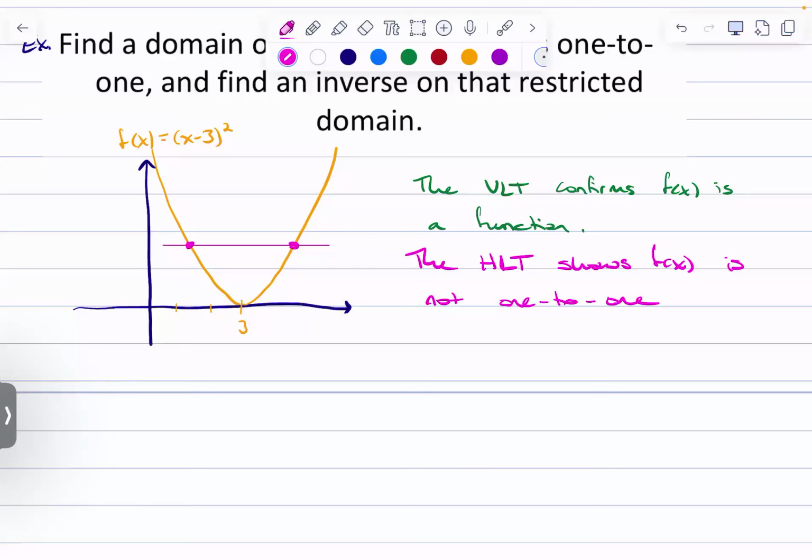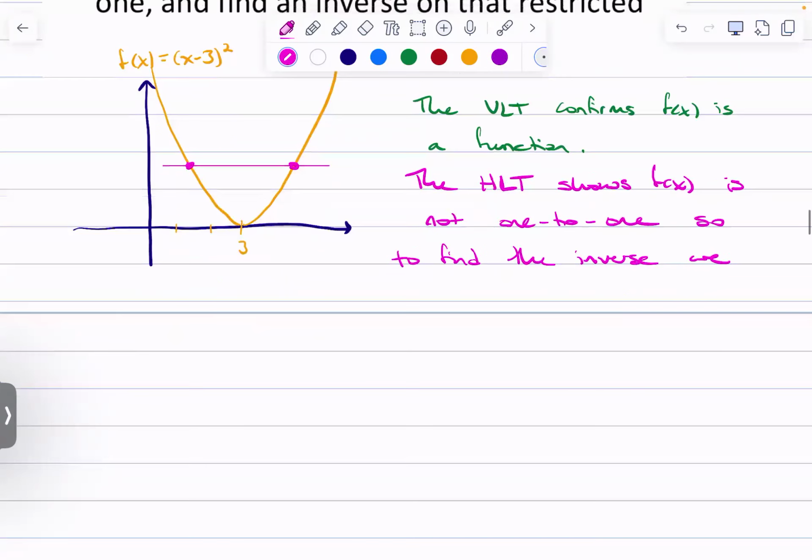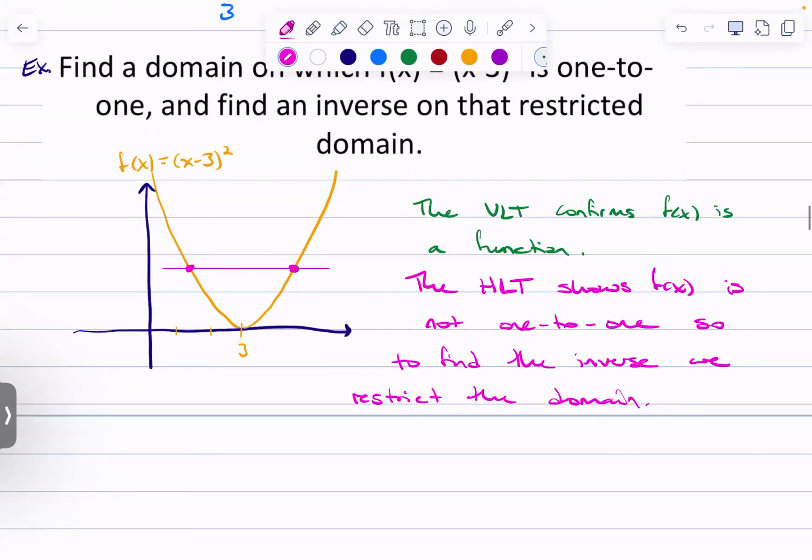So to find the inverse, we need to restrict the domain. And we restrict it to something that is one-to-one.